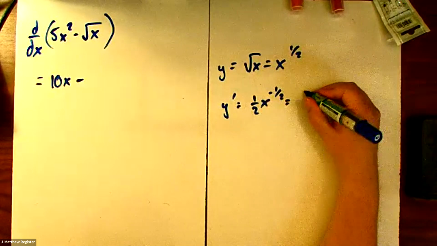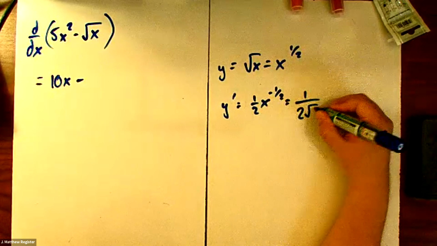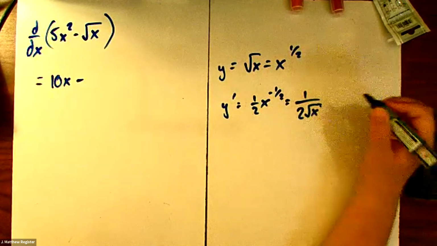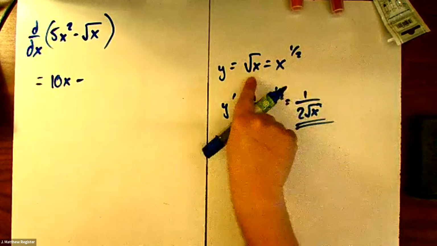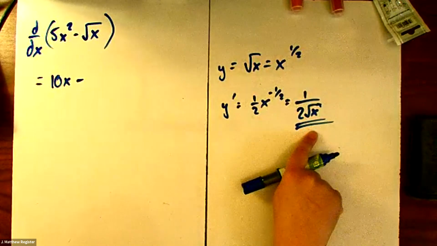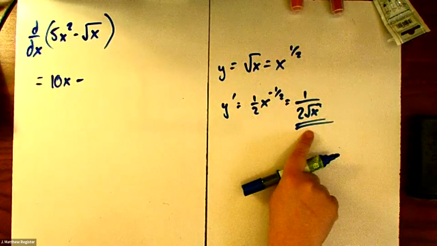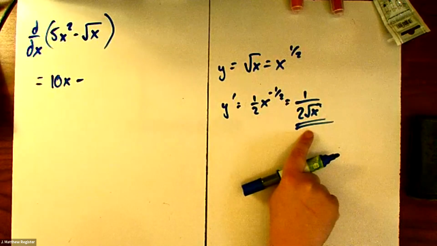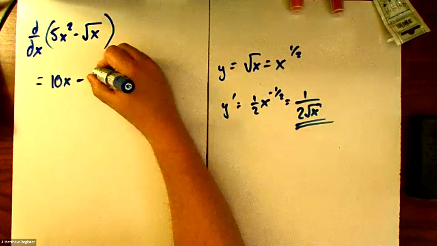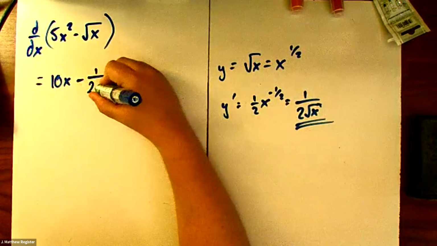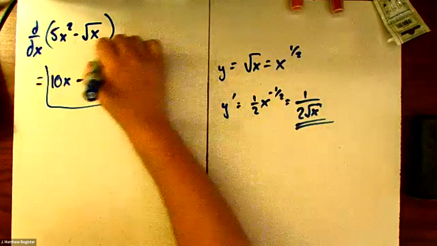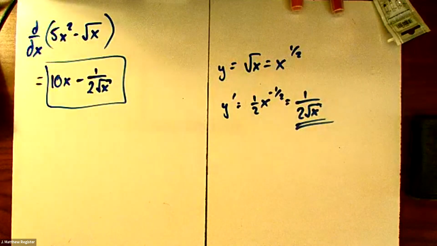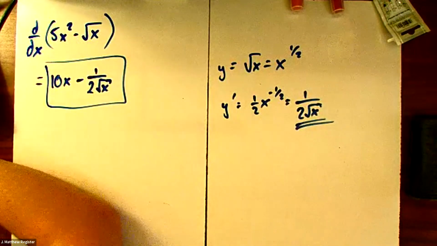But that ends up just being 1 over 2 square root of x. I actually just kind of memorized this one because you see the derivative of the square root pop up a lot. And that's actually one that I used when I was doing that first problem, the really long one. So this would be 1 over 2 square root of x. Much better than doing the difference quotient, right?